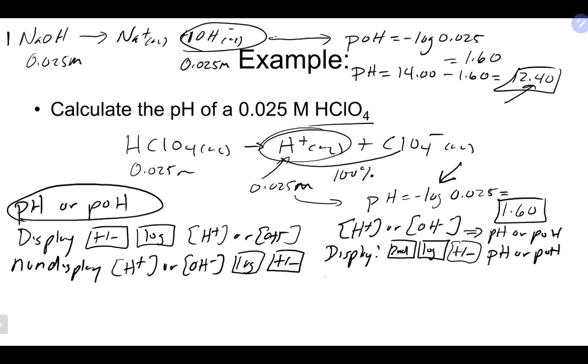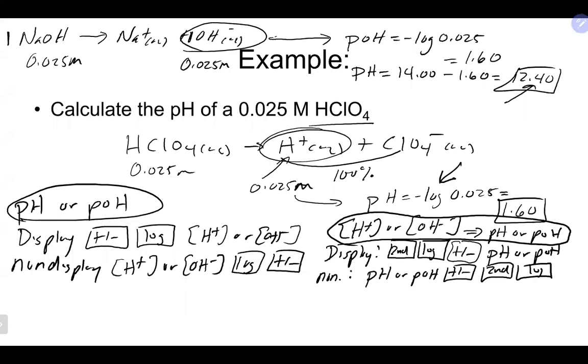And on a non-display calculator, you would do the number first. So you would do the pH or pOH, make it negative, then hit the second button, and then hit the log button. So that would be how you would do either of those there. Good. Other questions?